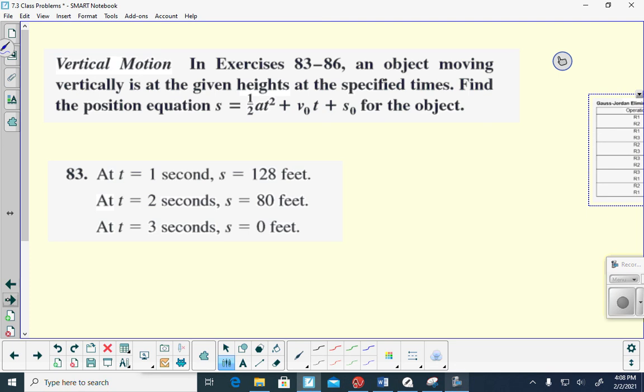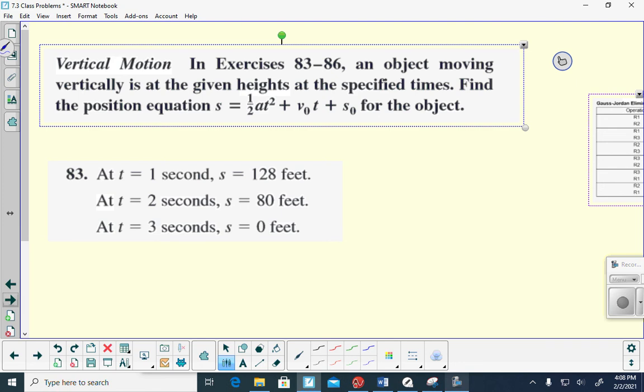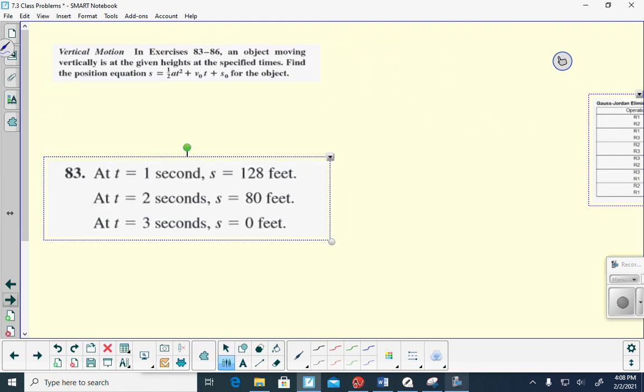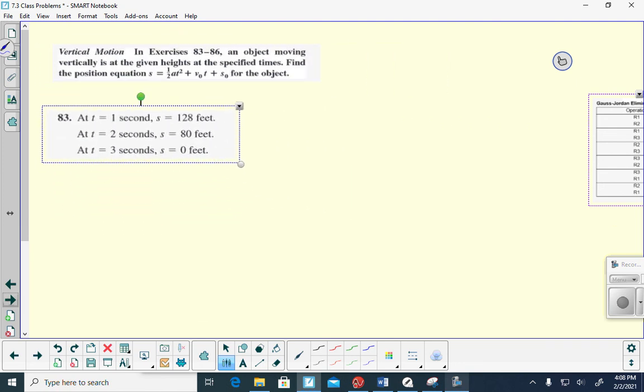So what I'm going to do is substitute what I know into this equation here. I'm going to shrink this a little bit. So for the first one, s is 128. So I'm going to say 128 is equal to 1/2 a, and then t squared. Well, they're telling me t is 1, so this will be 1 squared, plus v sub 0 times t, which is 1, plus s sub 0.